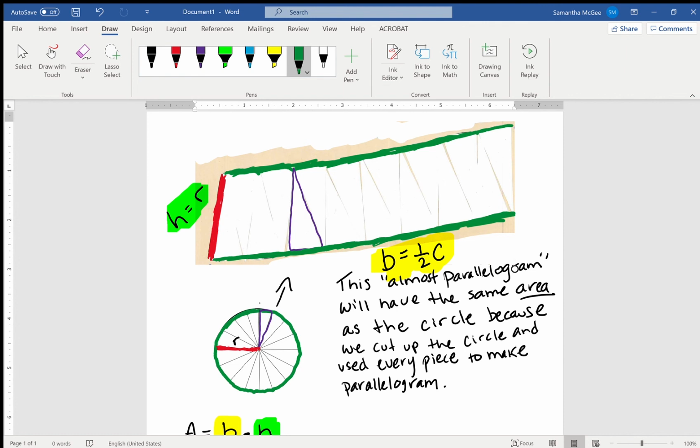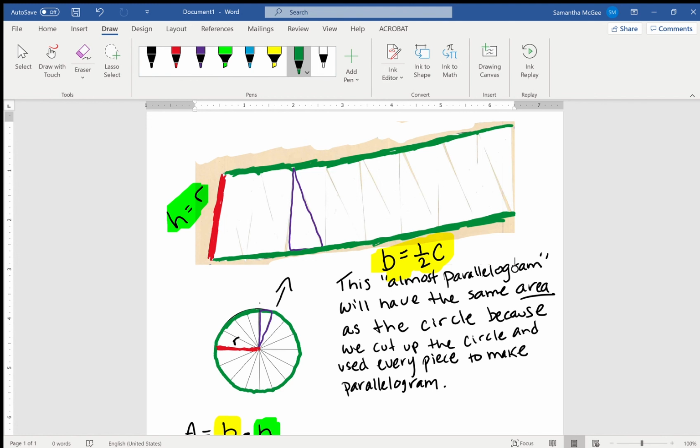We want to find the relationship between the area and this radius and diameter. Since we took that circle and cut it up into several pieces, we can say that these two things have the same area.